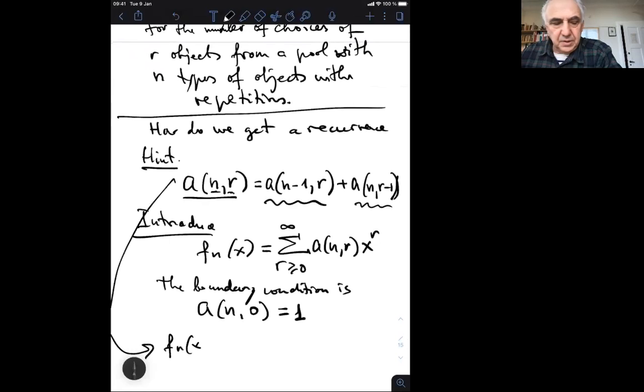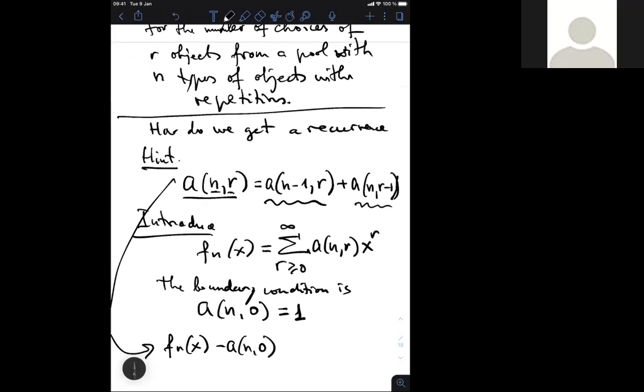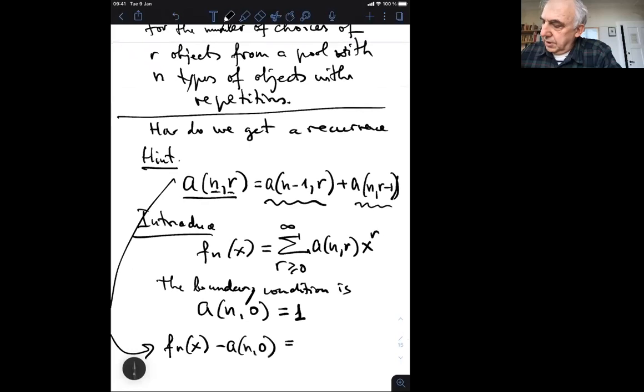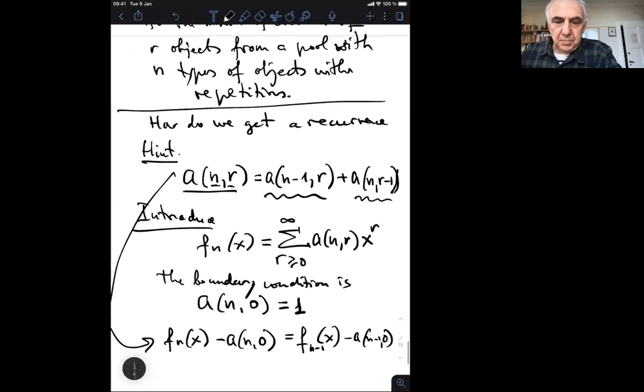f_n of x minus a_{n,0} equals f_{n-1} of x minus a_{n-1,0} plus x f_n of x.